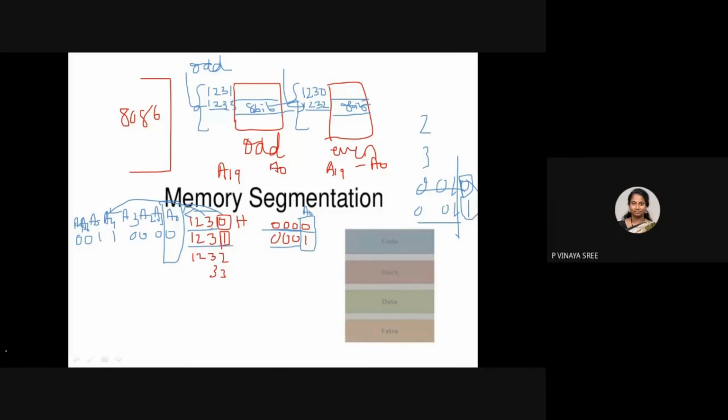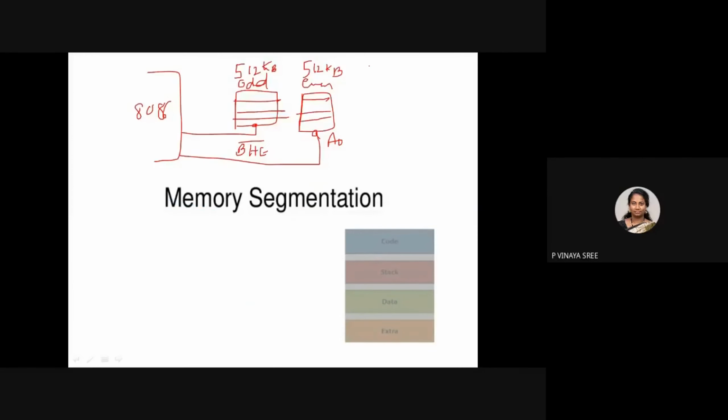The entire 1024 KB is divided into two equal parts: 512 KB and 512 KB. So now, why am I saying only A1 to A19 will be used, and A0 is used for deciding chip selection? For that, first tell me, 512 means 2 to the power how much?